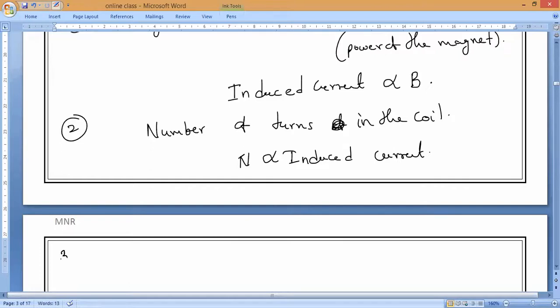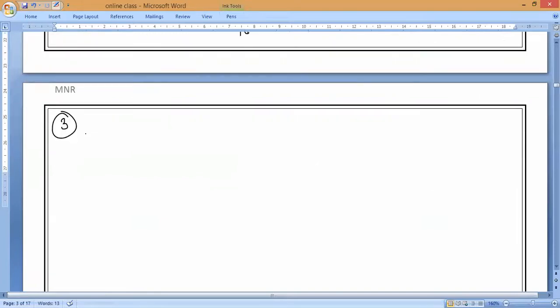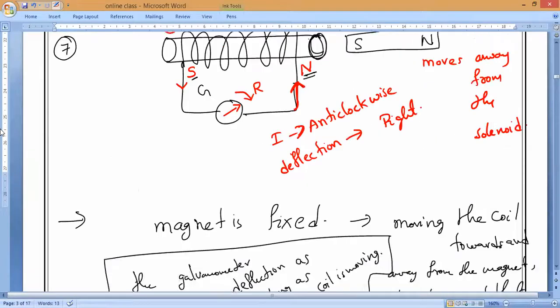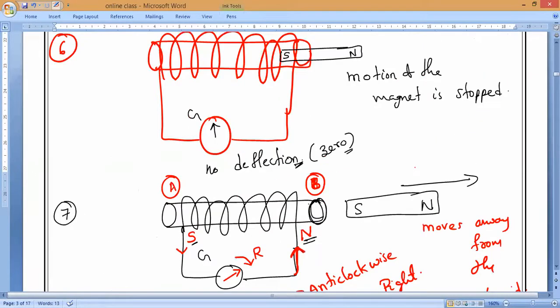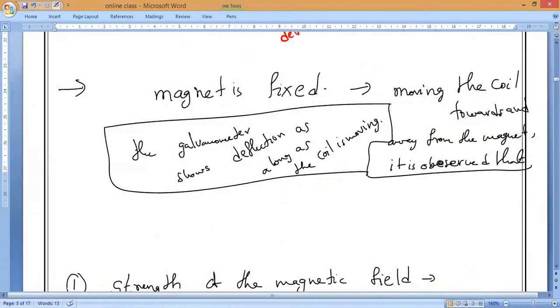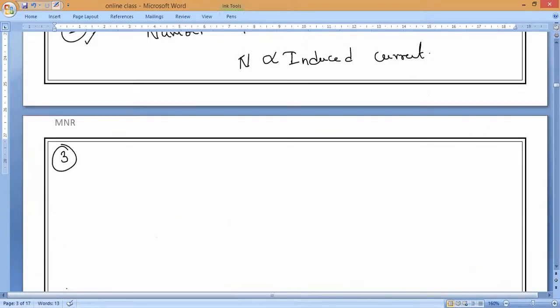Now, the third factor. These two factors everybody knows, but the third factor is also very important. That is speed. How you are moving the magnet inside the solenoid, slowly or fast. If you are moving it very, very fast, going inside, coming outside, going inside, coming outside, then more current will be induced.